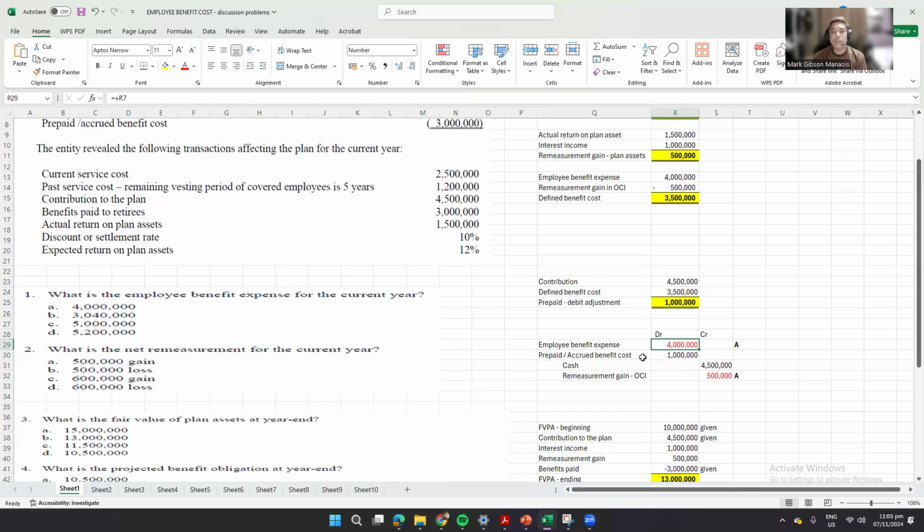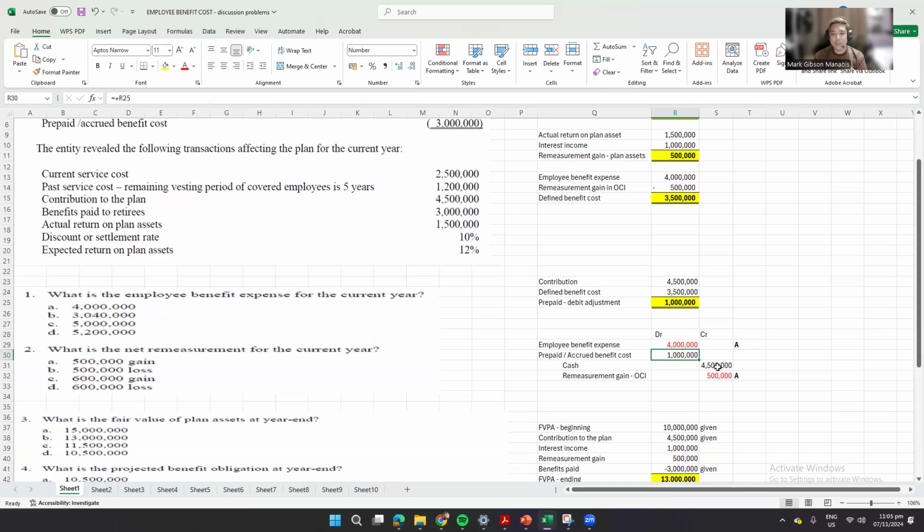So paano natin na-compute yan? So we have the contribution of 4.5 million less the defined benefit cost of 3.5 million. So the difference is positive. So therefore, it's a prepaid benefit cost. So also a debit for 1 million pesos.